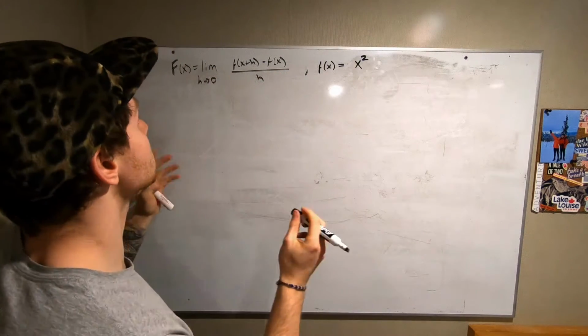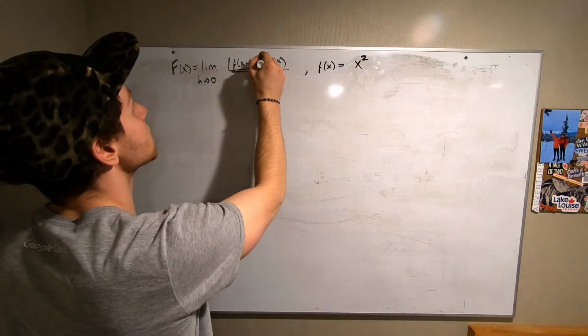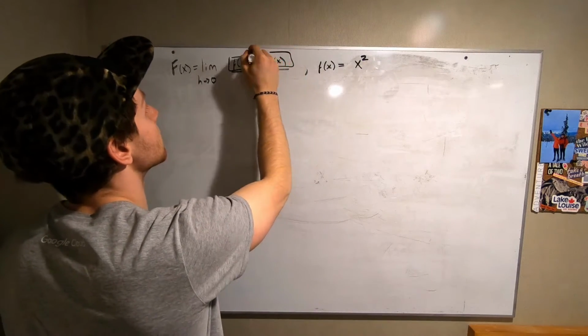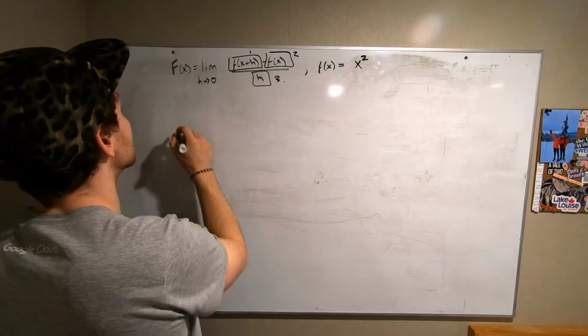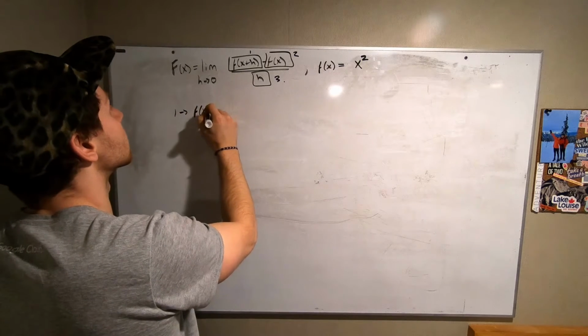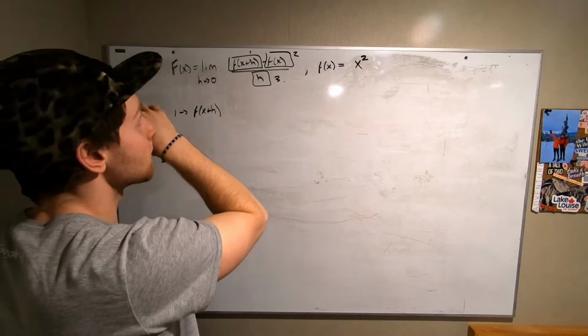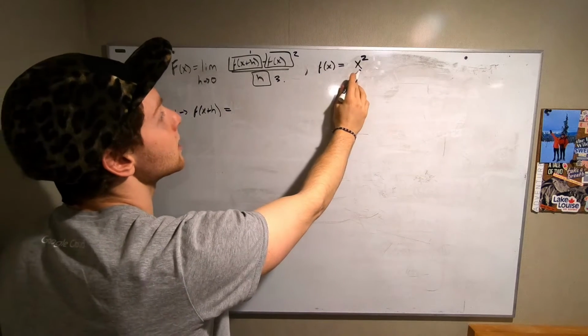So purely algebraically, we have all these parts to our equation. If we want to box them up, we have 1, 2, and let's call this 3. So 1 is f of x plus h, right? And so what is that? In our question, f of x is x squared.